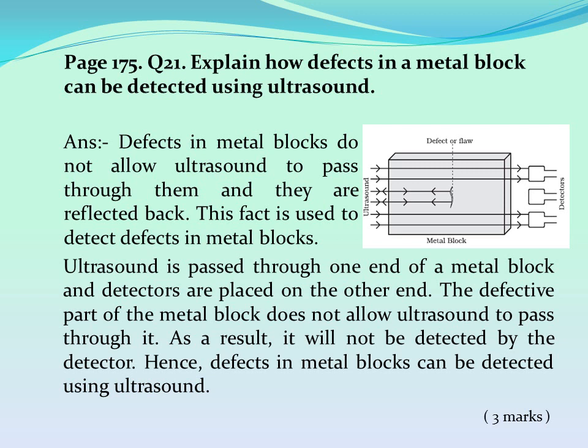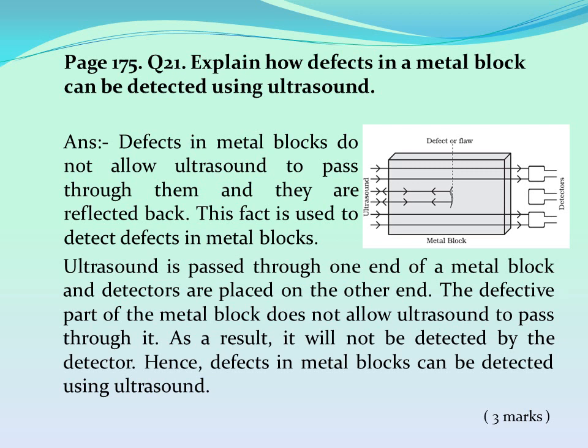Page number 175, question number 21. Explain how defects in a metal block can be detected using ultrasound. Answer. Defects in metal blocks do not allow ultrasound to pass through them and they are reflected back. This fact is used to detect defects in metal blocks.